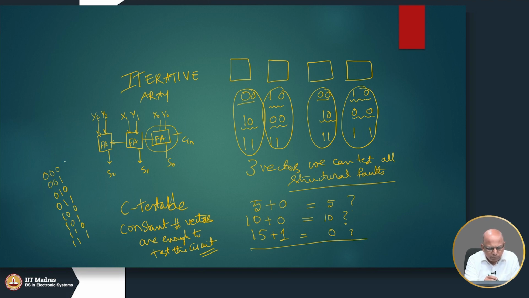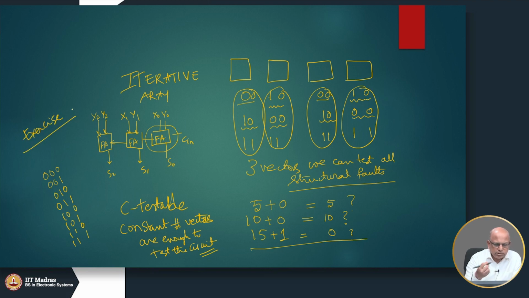Among them some may not be required. So, we have to look at the internal structure of the full adder and argue which of these test vectors are really required for us to test. Then go back here and find pairs of x and y such that all the full adders get the necessary vectors. I will leave that as an exercise for you.